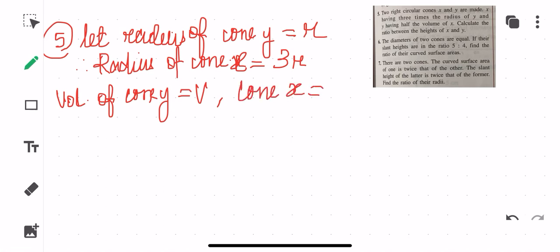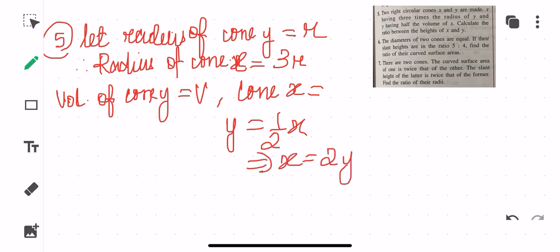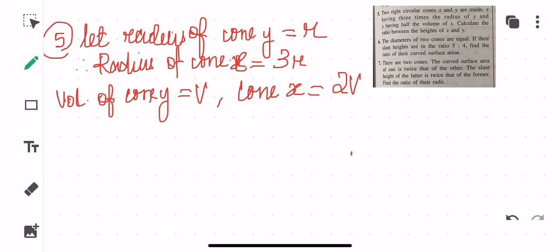They are saying that y is having half the volume of x, so it is understood that x will be having twice the volume of y. So you will be writing that volume of x is equal to 2v, since you are taking volume of y as v. Okay, so this is the most important step, children.